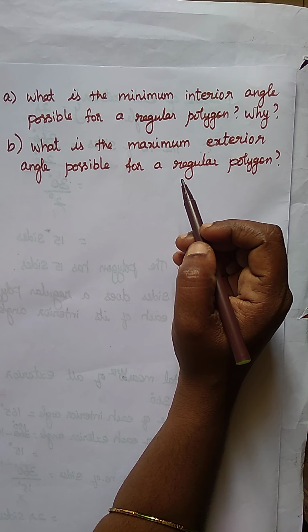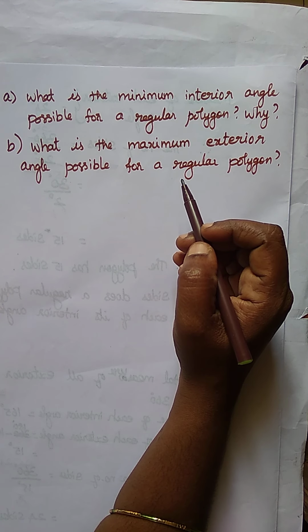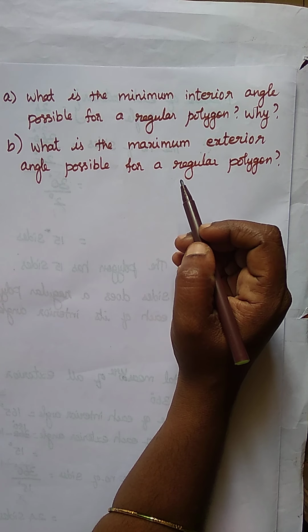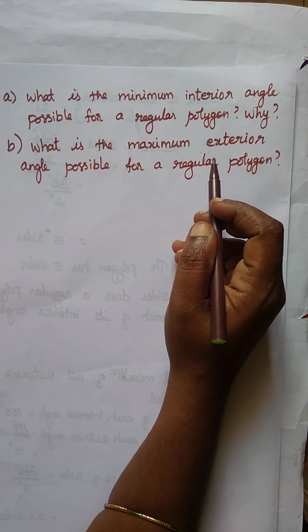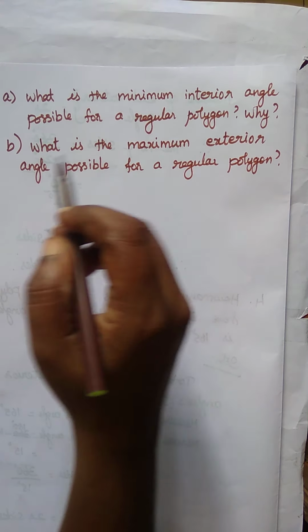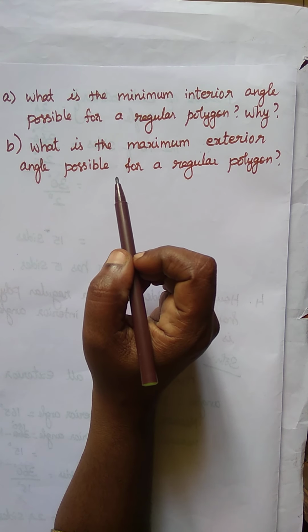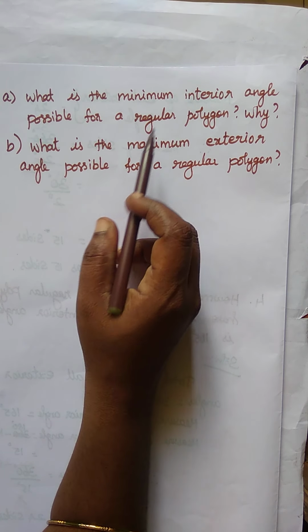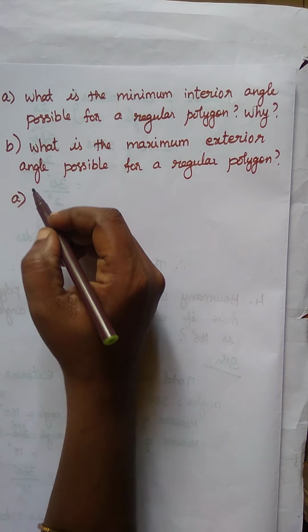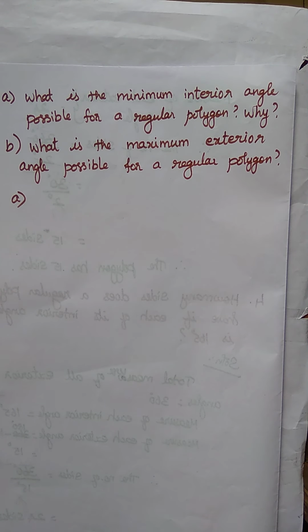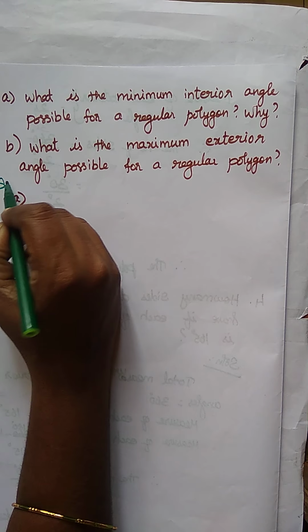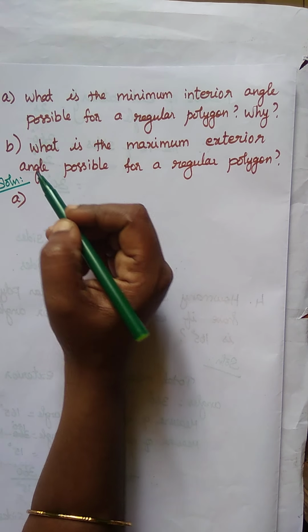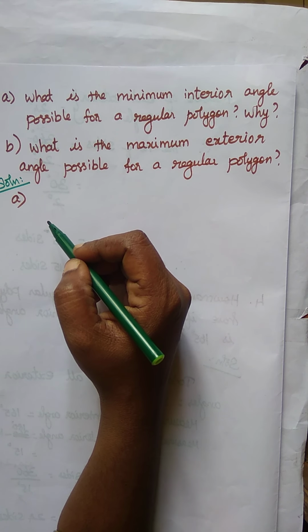If a polygon has equal angles and equal sides, it is called a regular polygon. Okay. In the first question, they are asking for the interior angle of a regular polygon. So we will take the example of an equilateral triangle.